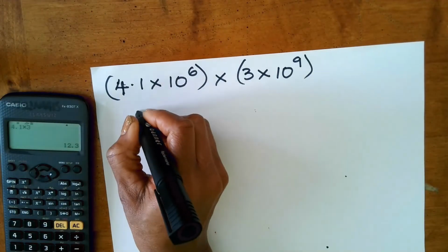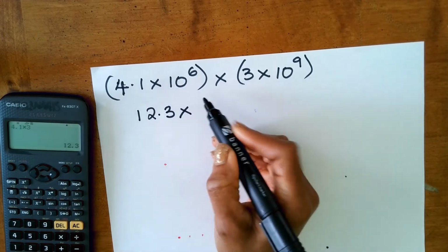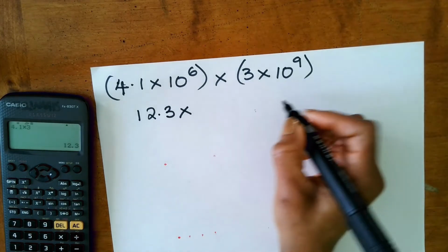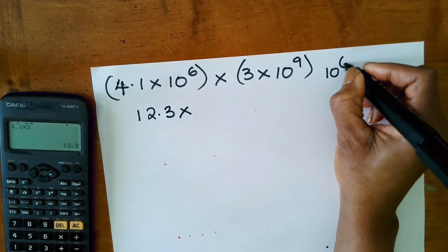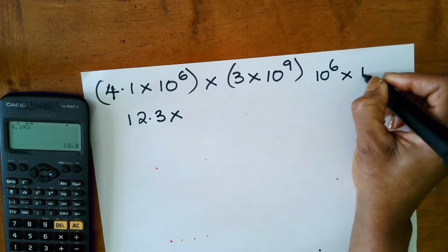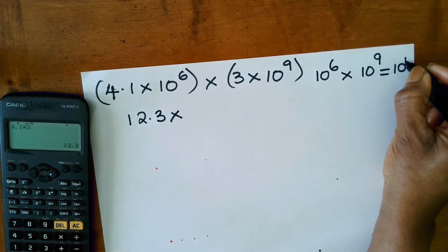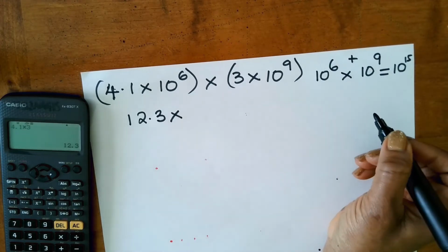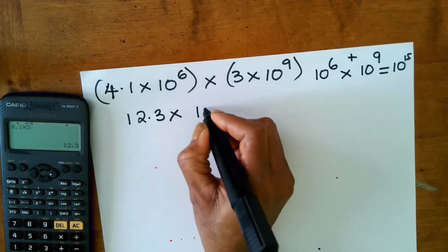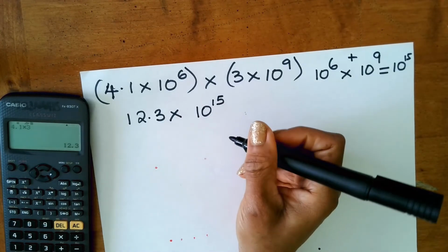So we've got 12.3 multiplied by 10 raised to the power of 6 multiplied by 10 raised to the power of 9. That will give me 10 raised to the power of 15 because I've added the indices. Now 12.3 times 10 to the power of 15 is not yet in standard form.